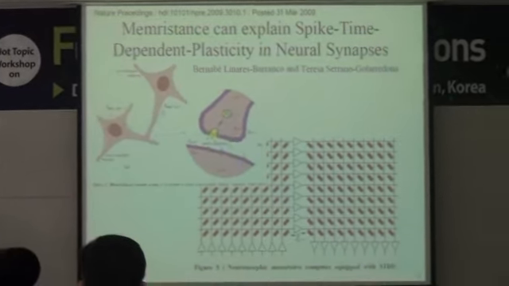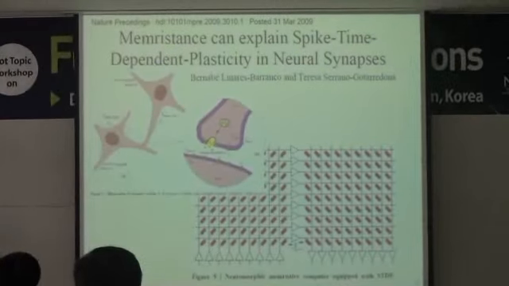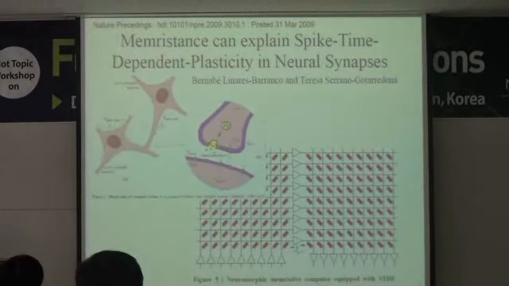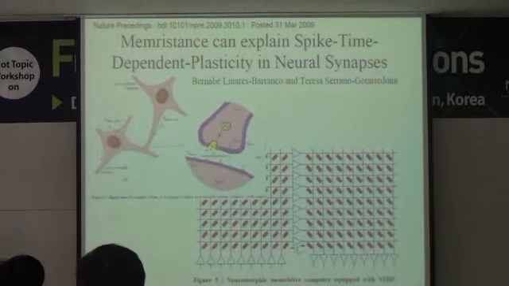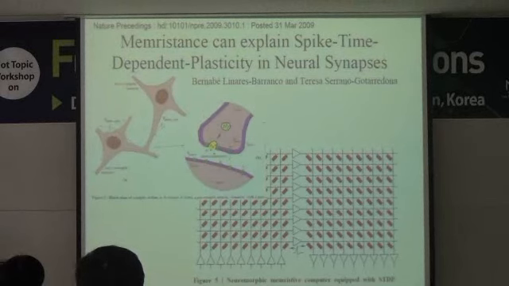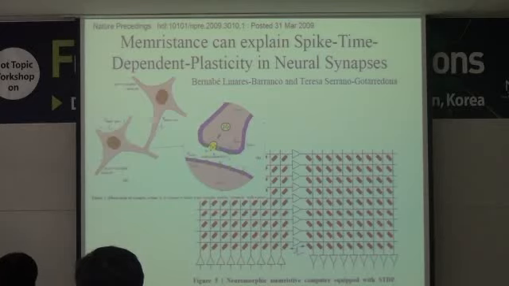Another approach is to use them instead of synapses in neural networks, and this is quite a big movement to build synaptic networks based on memristors, known today as neuromorphic computing.